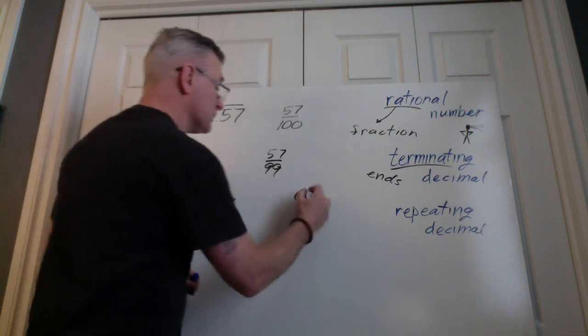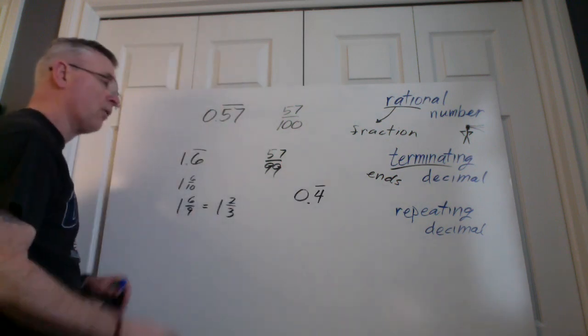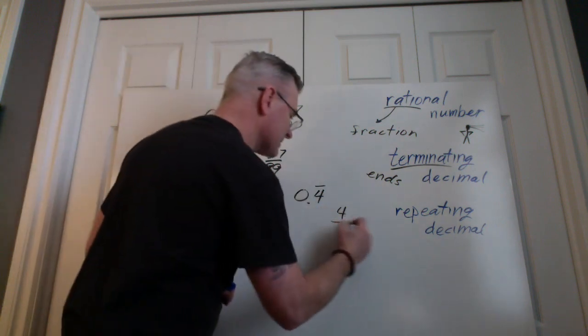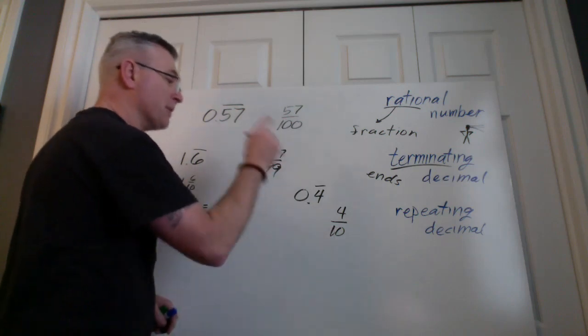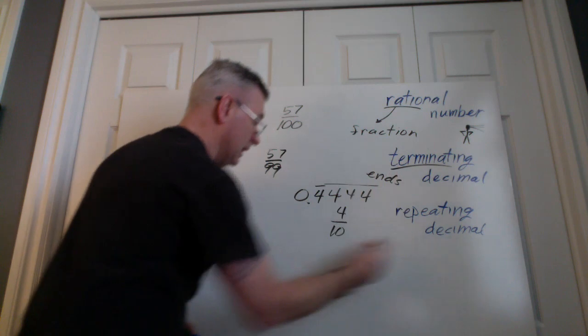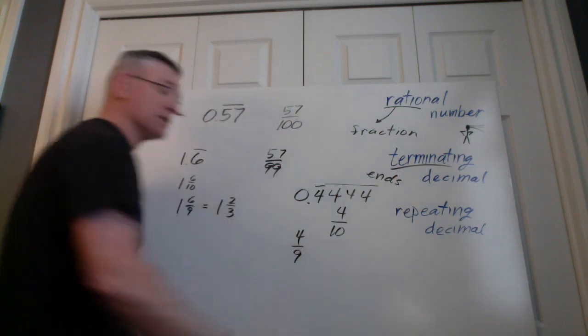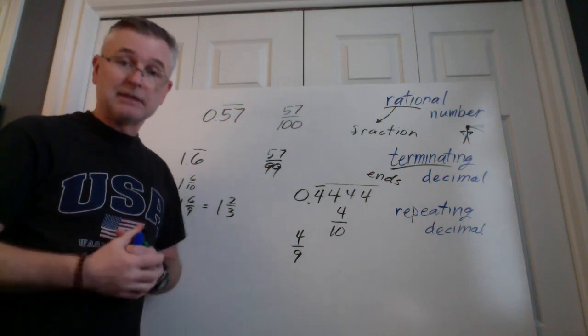If I had 0.4 repeating, well, let's just pretend it's 4/10 for a moment, but I know it's not 4/10. So let's steal 1 from the bottom to make the 4 worth a little more. This becomes 4/9, and it works that way for every problem that you're going to see.